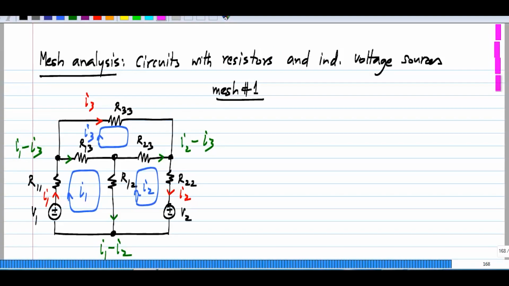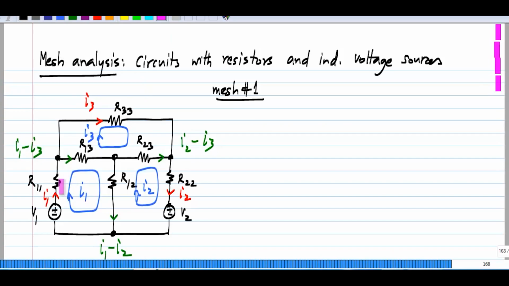Just like for nodal analysis, where I wrote the sum of all currents going out of a node through conductances equals the sum of independent currents being injected into the node, here I will write the sum of voltage drops while traversing the mesh to be equal to the voltage rise due to the independent voltage source in the mesh. So if I do that, what will I get?